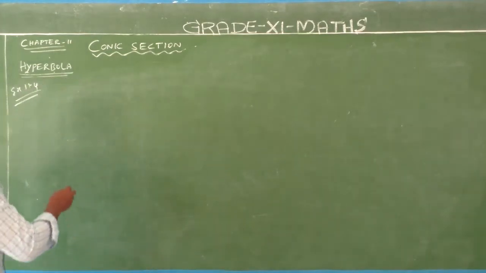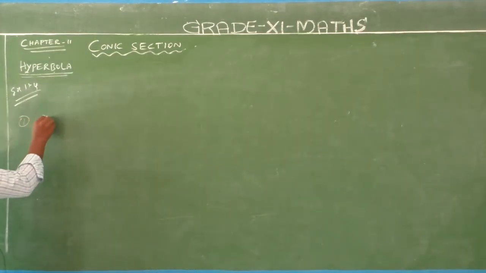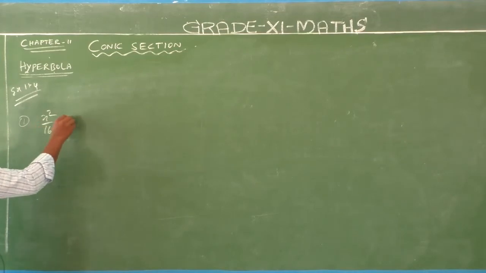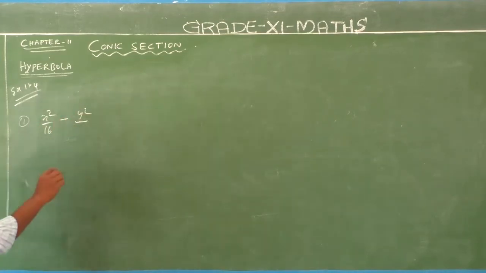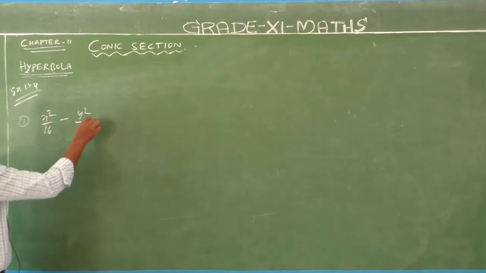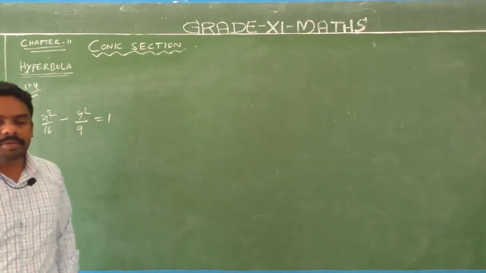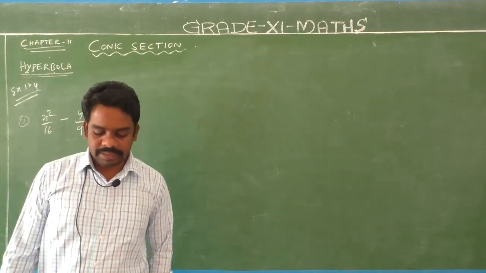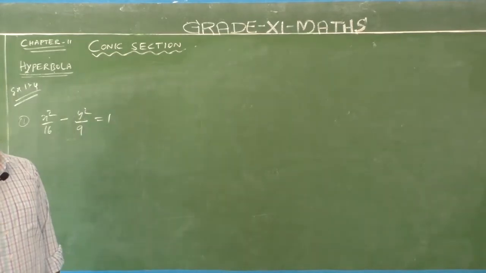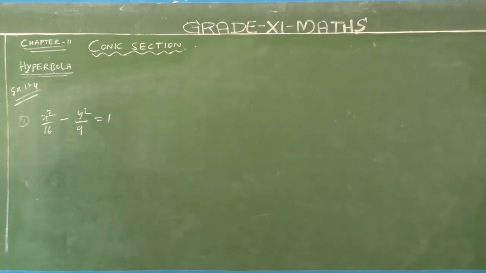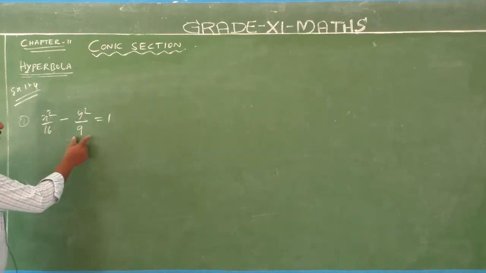First question: x squared by 16 minus y squared by 9 equal to 1. Here the first term is a squared and the second term is b squared.